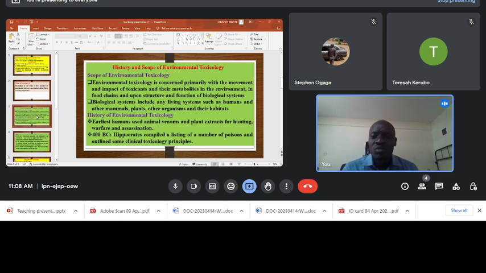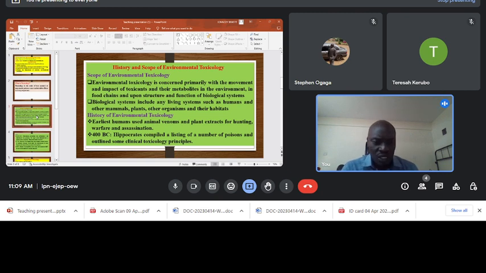So the movement of toxicants, and toxicants, these are those things that can cause harm to living organisms, and their metabolites, meaning the reactions that they are involved in and how they affect the functioning of the biological systems. That's what we look at in toxicology. Biological systems, we are talking about living systems such as humans, mammals, plants, and other organisms and their habitats.